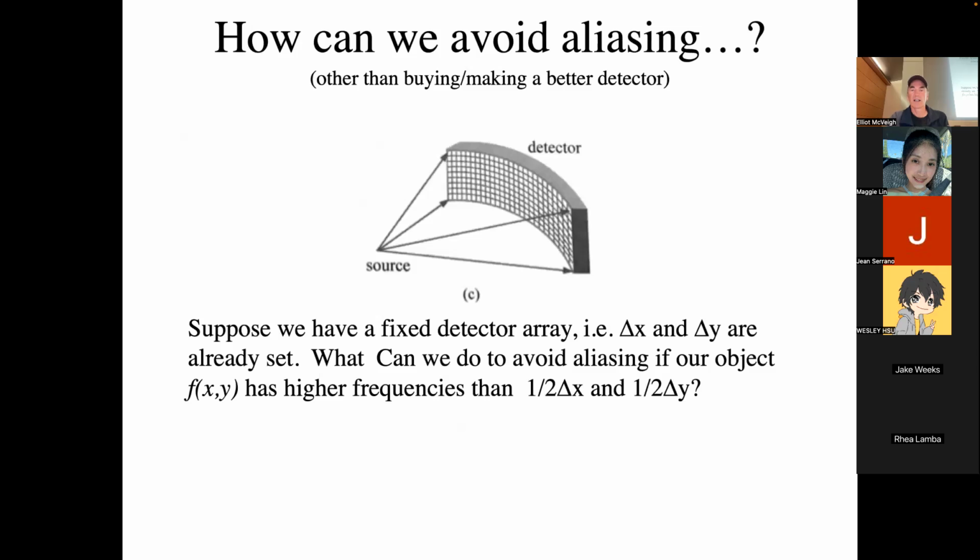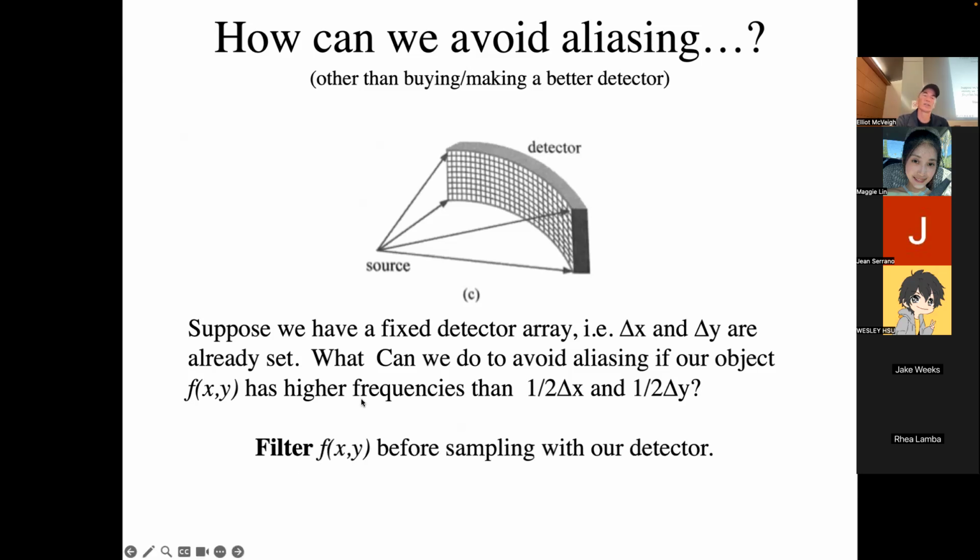So in CT, we have a fixed detector array, right? So the delta x and delta y of that, when we go back to the comb function, that's been set, right? We can't really change that with a switch on the scanner. It's just what we've got. And so the question is, if you have frequencies in there that are higher than 1 over 2 delta x, 1 over 2 delta y, what can you do?